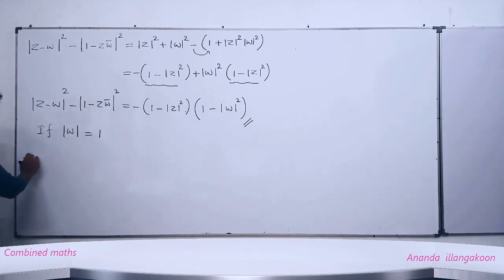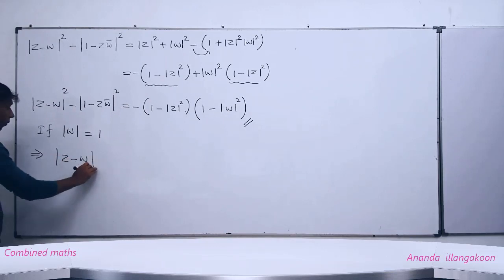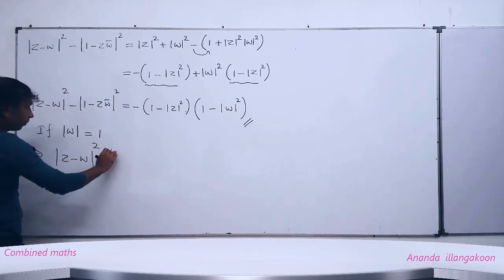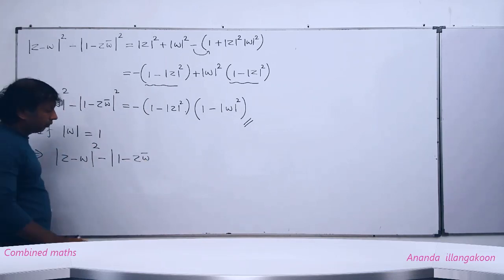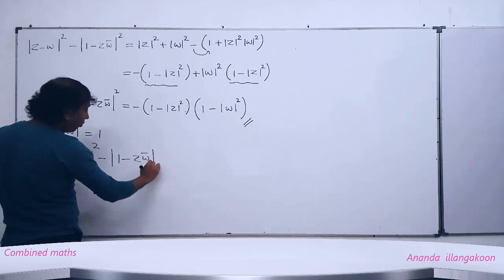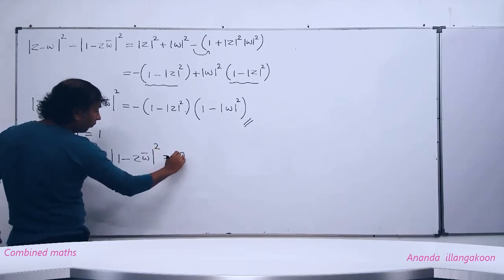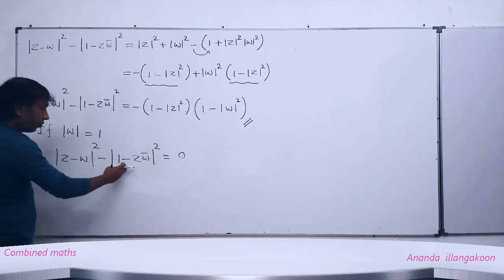Okay. Then this gives us, people, mod z minus w, mod perfect square, minus 1 minus z w bar mod perfect square will be equal to 0. Take this right hand side.